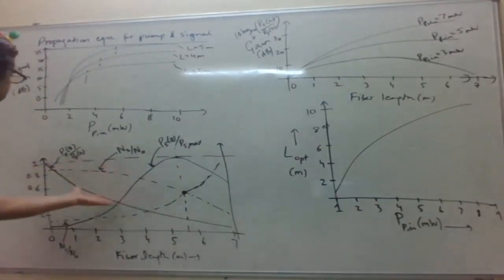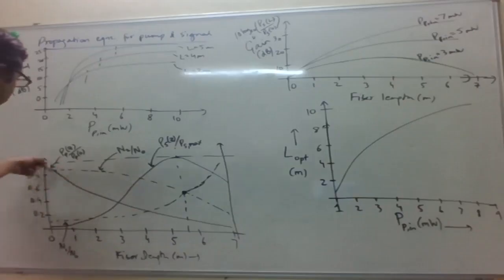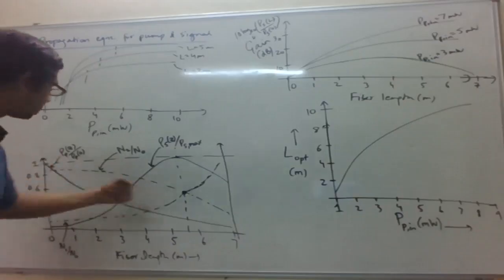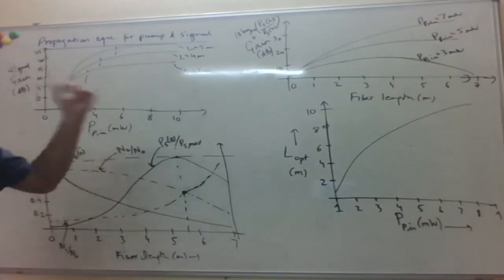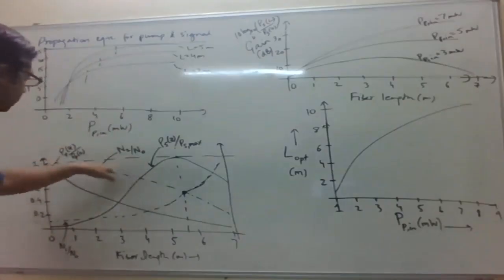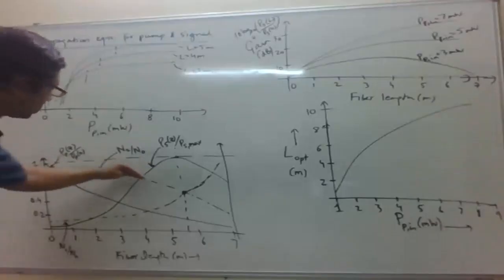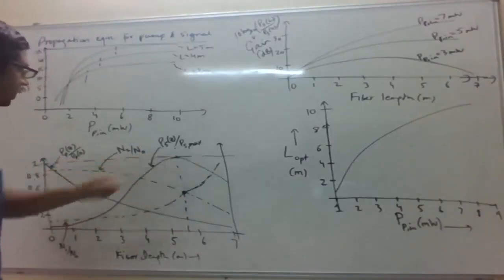I hope that's clear. We launch some input pump power, and it gets absorbed by the erbium atoms. Because of this absorption, the pump power falls, and atoms are getting pumped to level 2. When the pump power is high, the number of atoms in level 2 is high, but as the pump power falls, the atoms in the excited state fall, and correspondingly the atoms in the ground state increase.